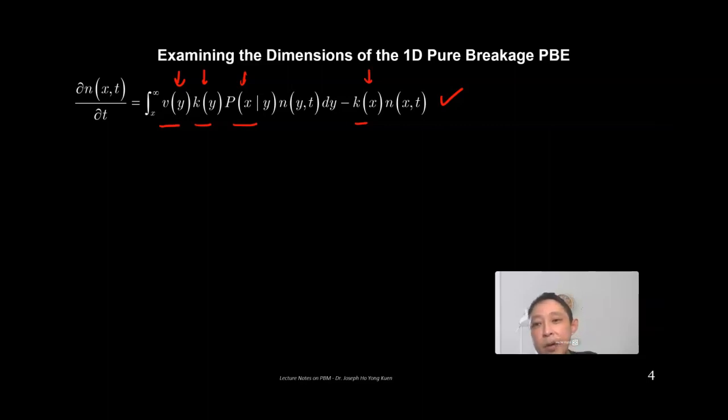So the next thing I'm going to quickly run through is that after writing the population balance equation, we should always make sure that the units for each and every individual term in the equation are consistent. I can never stress or emphasize this enough. Make sure that when we write an equation, we check each individual term and make sure their units are consistent.